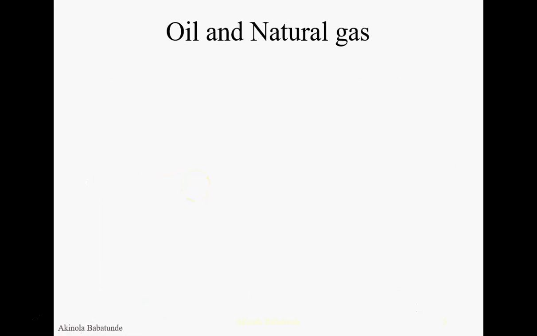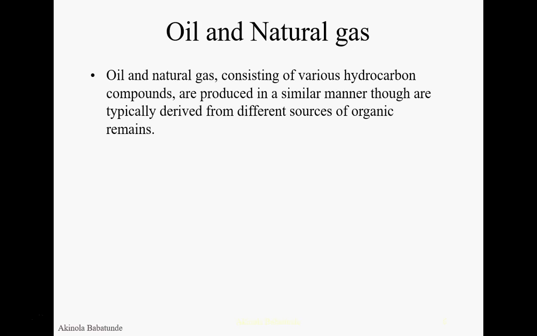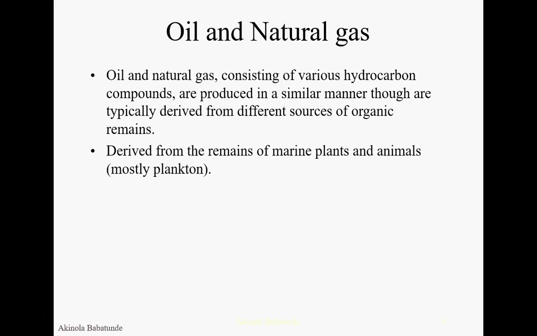Let's tilt our discussion towards oil and natural gas. Oil and natural gas consist of various hydrocarbon compounds and they are produced in a similar manner, though they are typically derived from different sources of organic remains. They are derived from the remains of marine plants and animals, mostly called plankton.